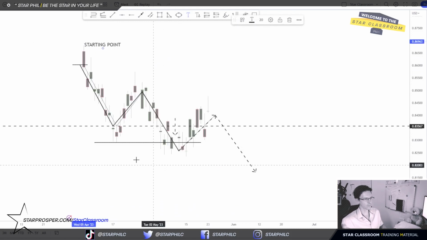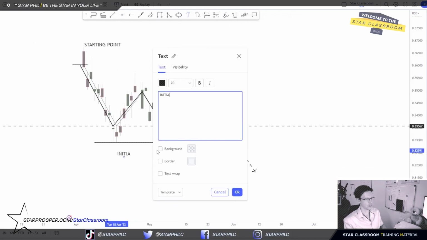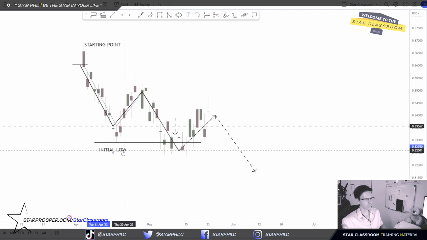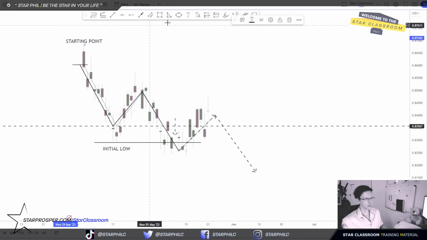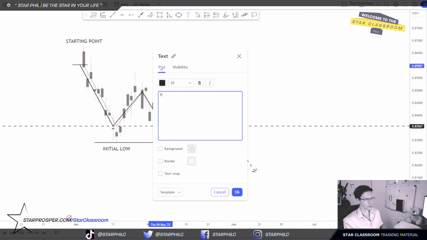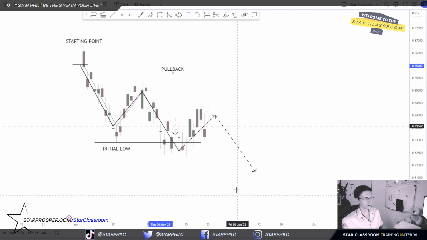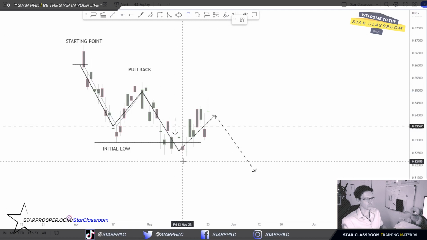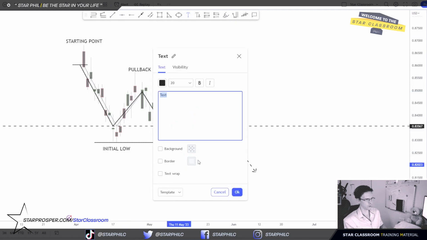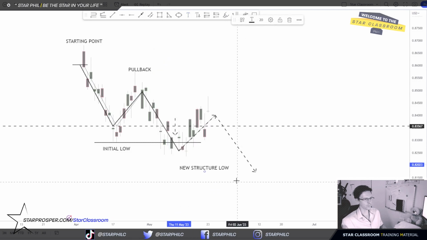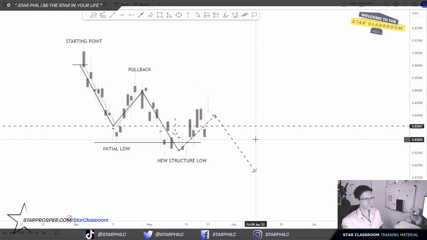So starting point, initial low, then we have a pullback like this, okay. Then we get a lower low, lower close, which would be a new structure low. Like this.